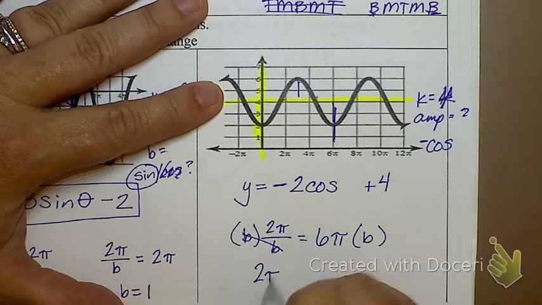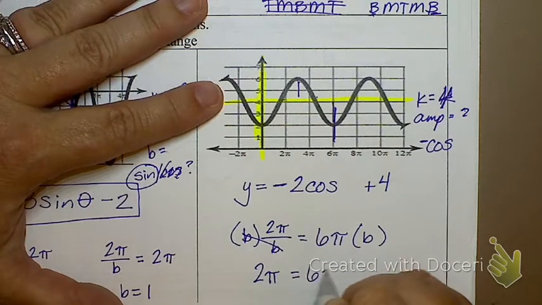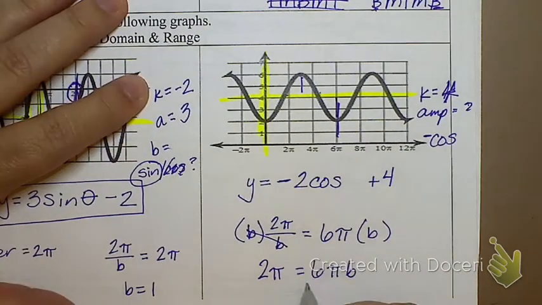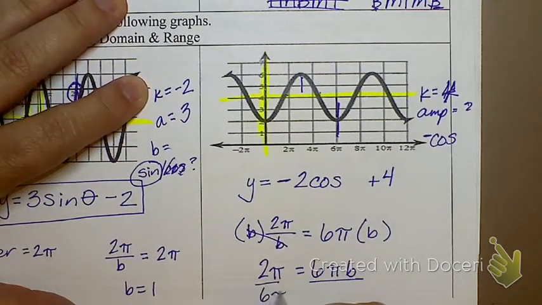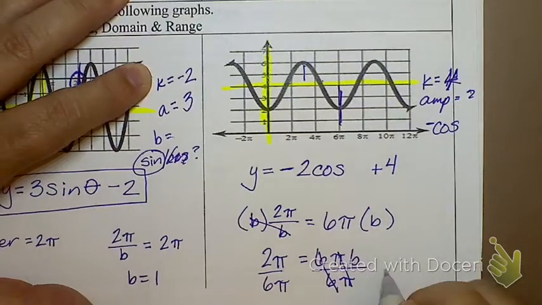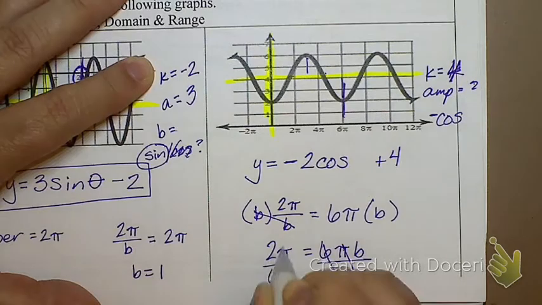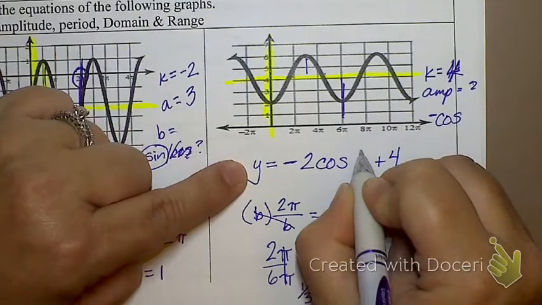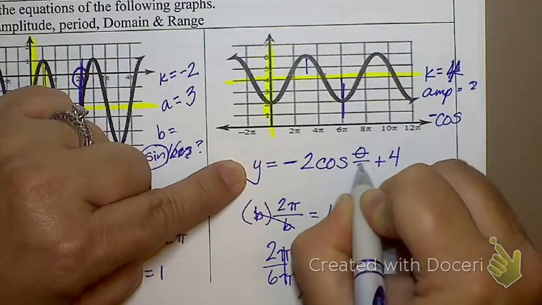That gives me 2 pi equals 6 pi b. So if I divide both sides by 6 pi, then b is equal to what? Pi's cancel and I have 1/3. So how do I write 1/3 theta? I write theta over 3.